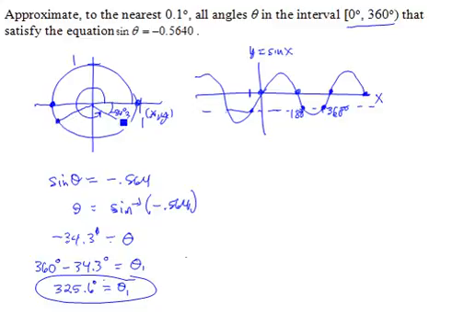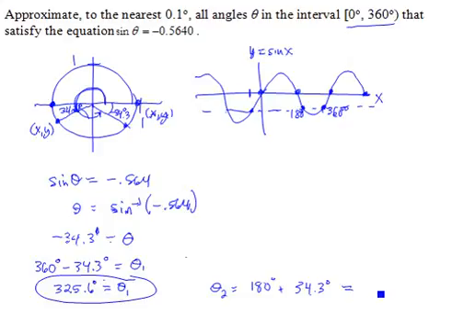The reference angle of 34.3 degrees here corresponds to a 34.3 degree reference angle here, and since the sine gives us the y value of the coordinates on the unit circle, the y values for these 2 points will both be the same, and we can work out the angle that will start at 0 and wrap around to this terminal side by adding the 34.3 degrees to 180 degrees, or a half revolution. So a theta 2 that will work in this case is 180 degrees plus the 34.3.